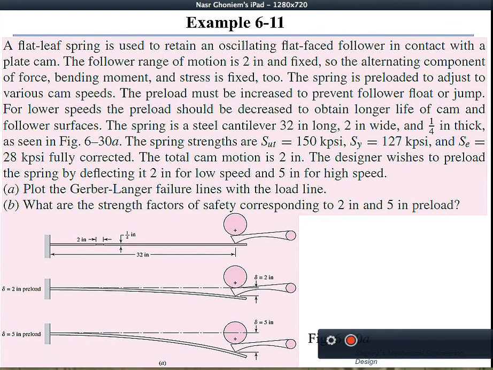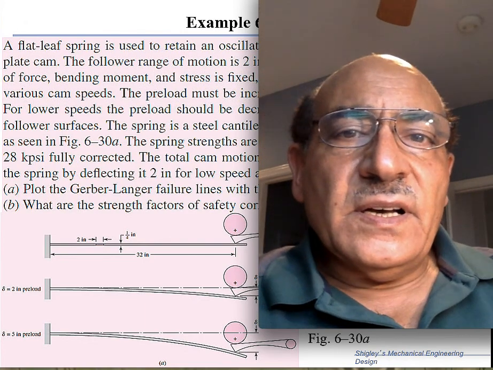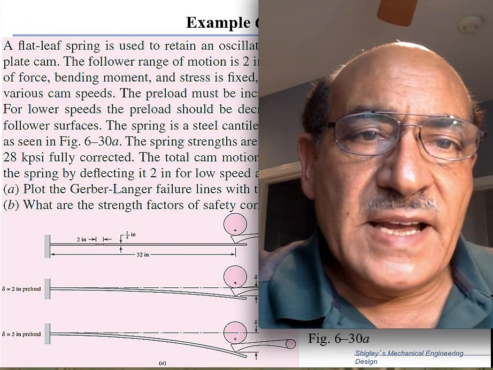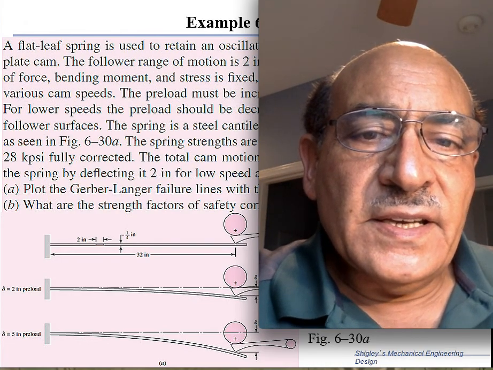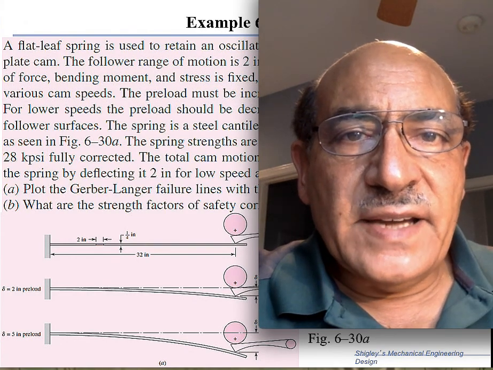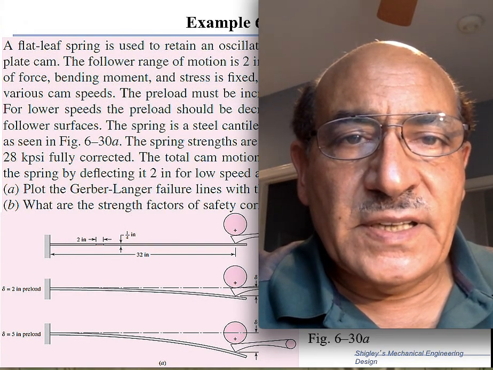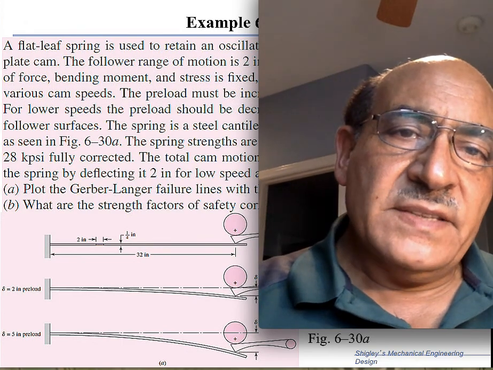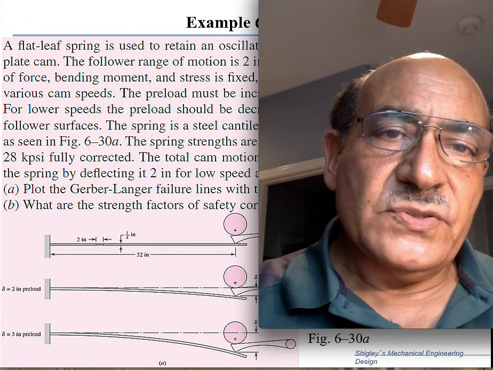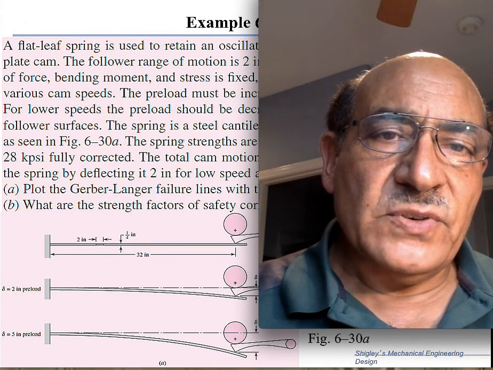The next example is actually a more realistic design example, in which we want to design a cam follower system. And the cam, as we know, is a plate that sometimes has a complex shape to give you certain motion for the follower.